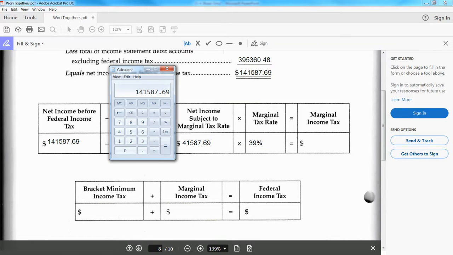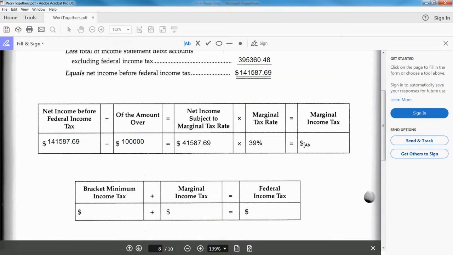So we have to take 41,587.69 times 0.39, and that equals 16,219, and we'll round up to 20 cents. 16,219.20.